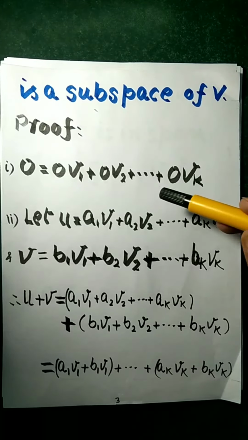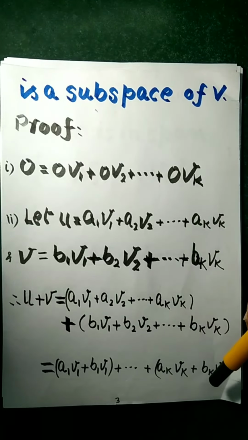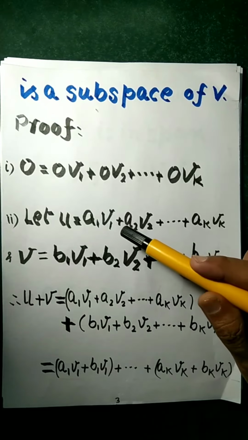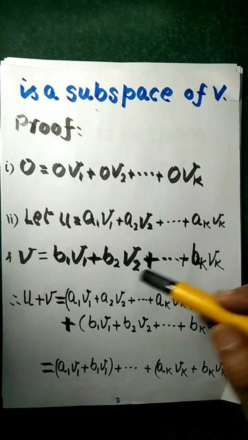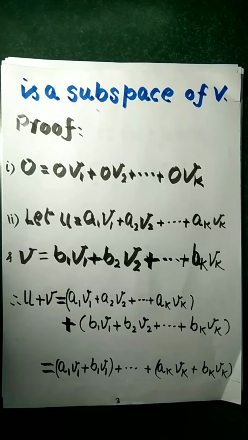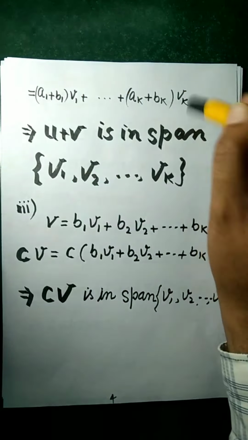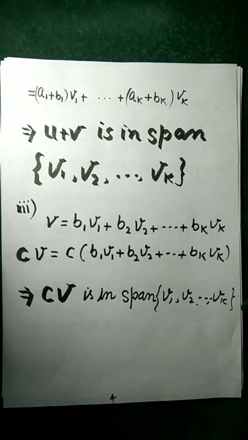The identity should be there, the 0 vector. Addition of two vectors will be like this. Let us take u and v as vectors, u plus v will be this. So we can say that the span of v1, v2, vk is closed under vector addition.